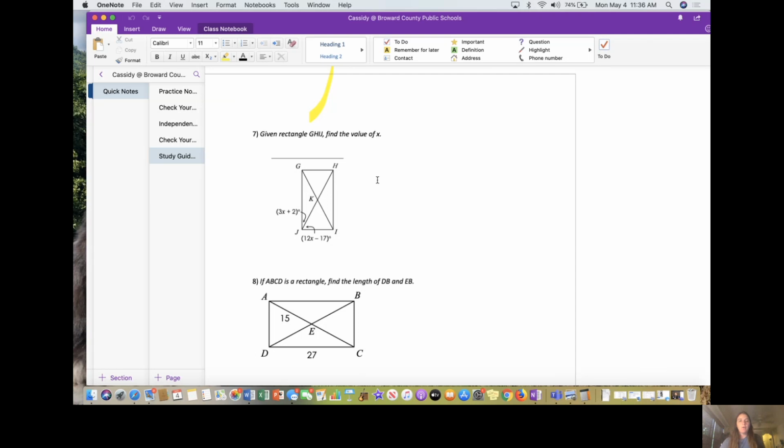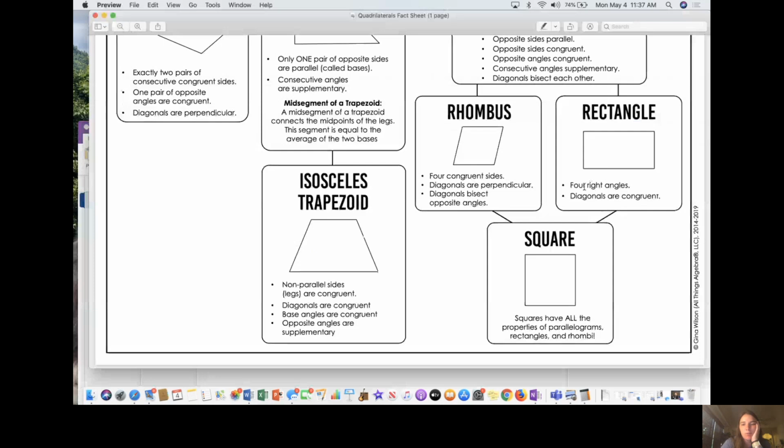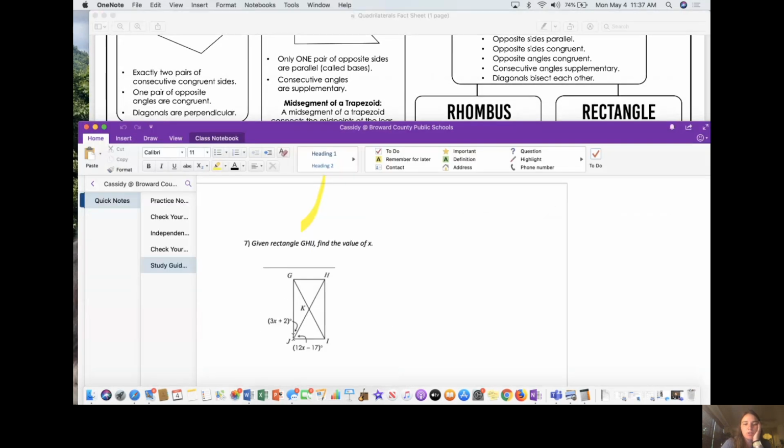So all we got to do here is remember that rectangles have 4 right angles. So we know that this angle right here, on our sheet, has to add up to 90 degrees.